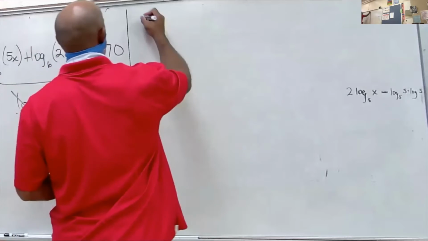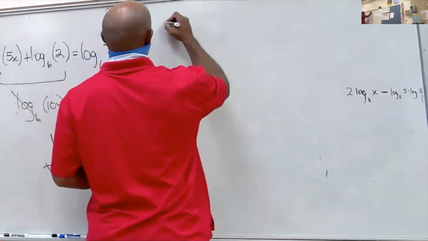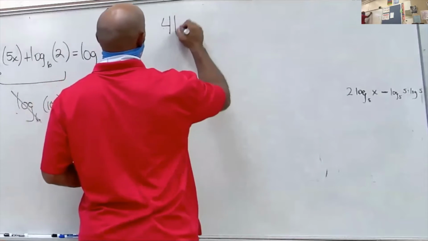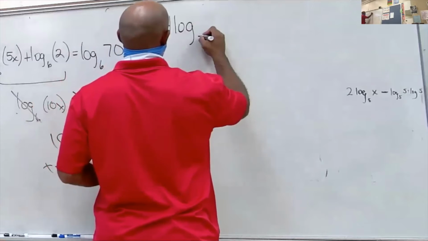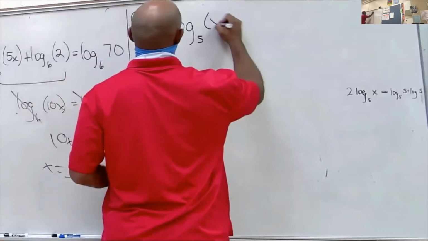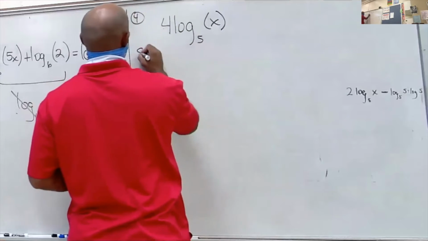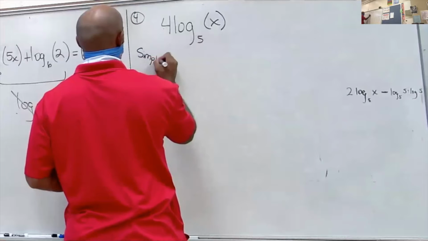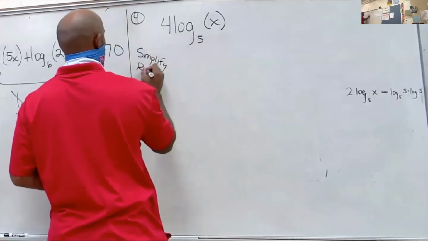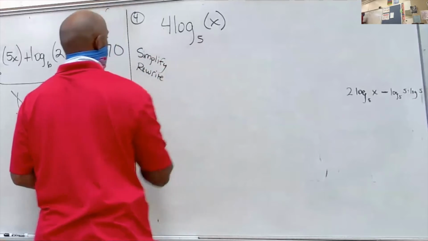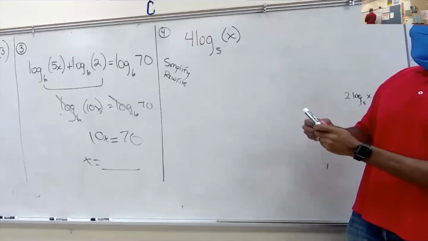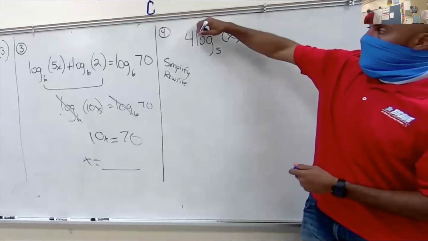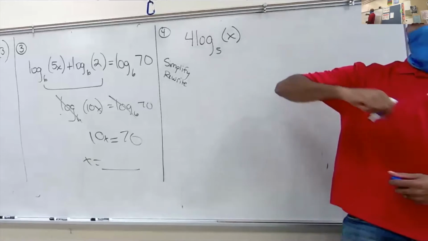Okay, now let's start with 4 times log base 5 of x. I want you to simplify or rewrite this. Okay, so what I do here is I got 4 times that.